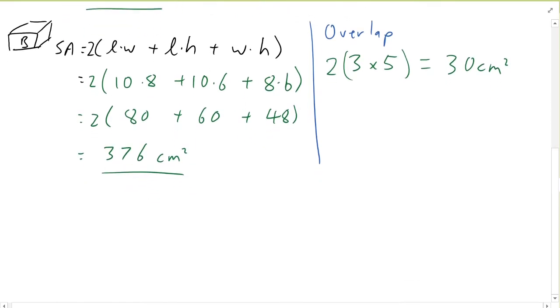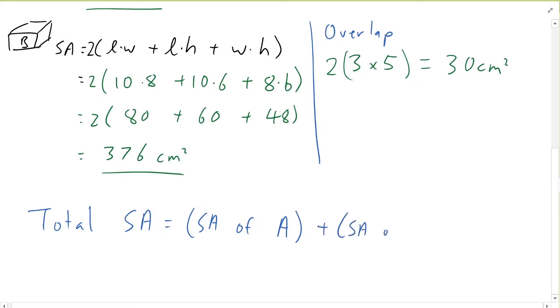So when we calculate our total surface area, we take the surface area of our first prism, plus the surface area of our second prism, and then we subtract the overlap.